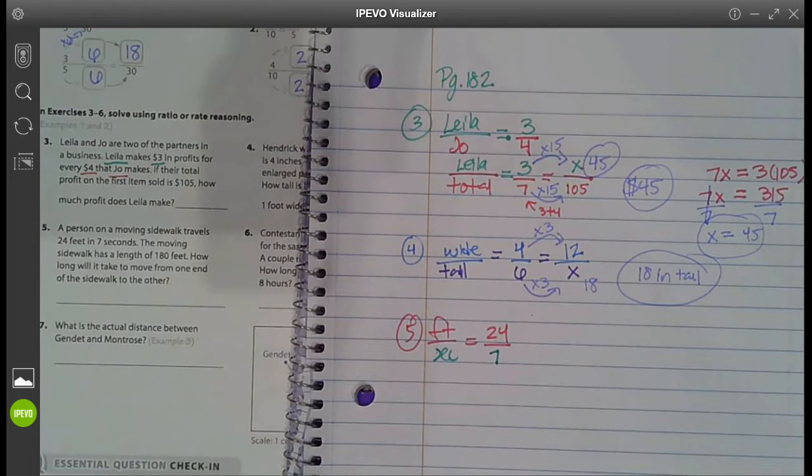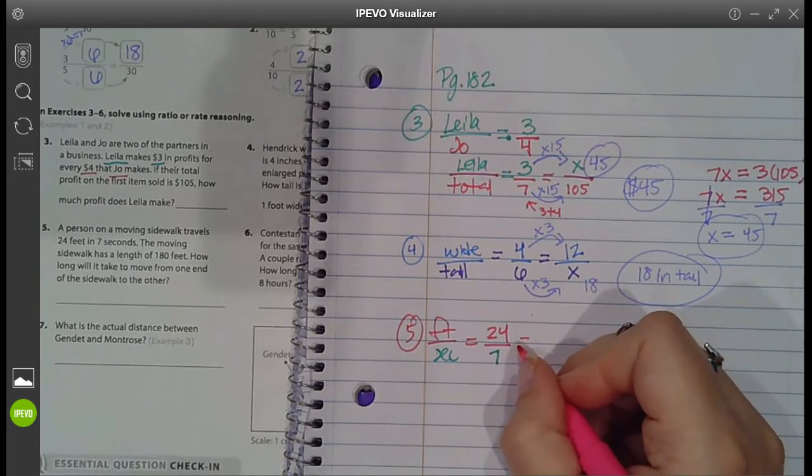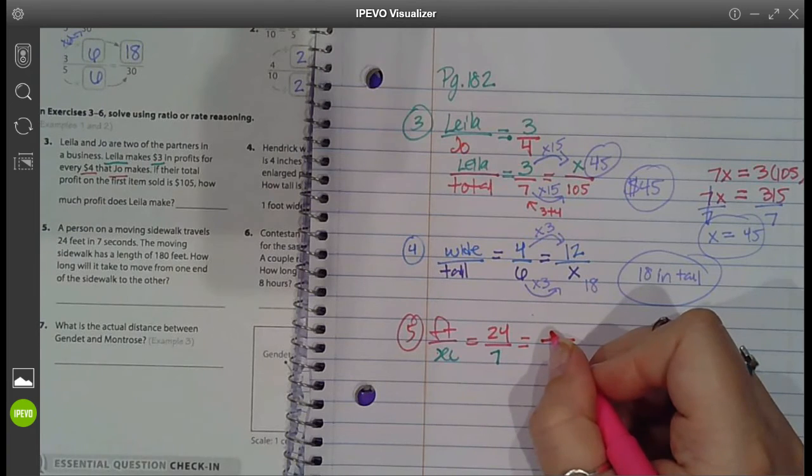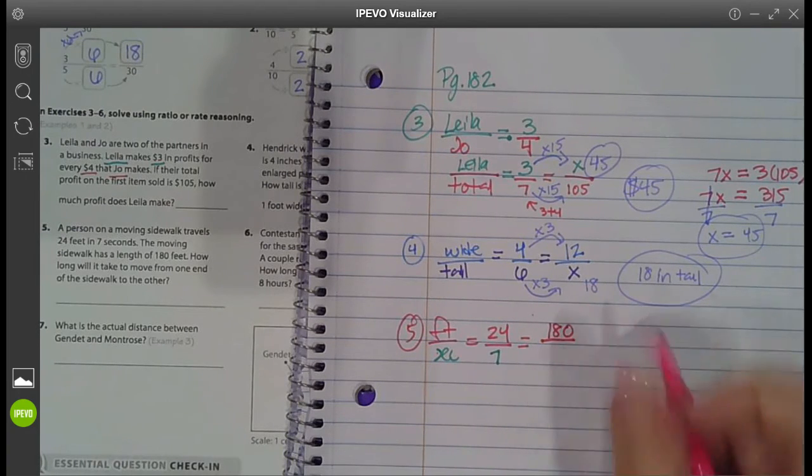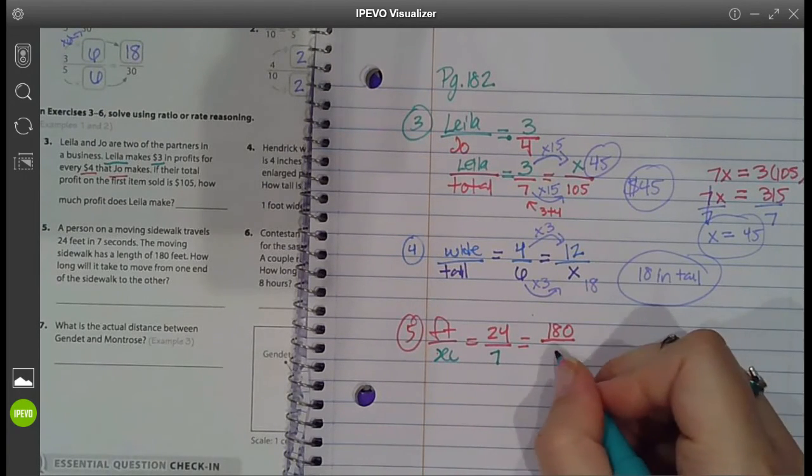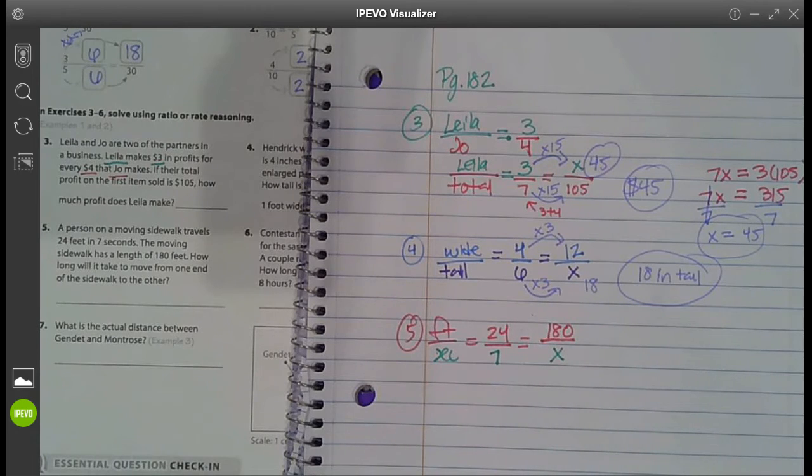Well, the moving sidewalk has a length of 180 feet. So how long will it take to move from one end of the sidewalk to the other? Basically, what it's asking is, if you do that rate, how long is it going to take you to go 180 feet? Well, we're going to solve for how long that takes.